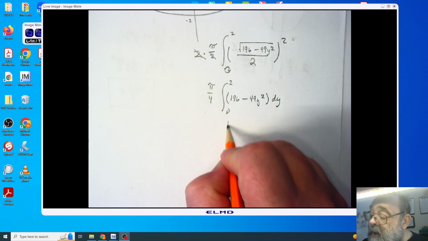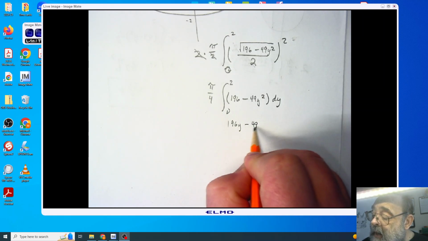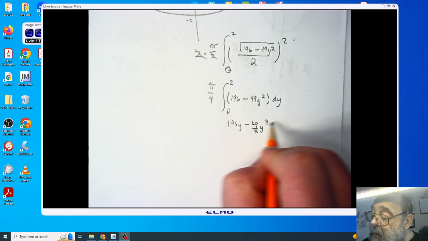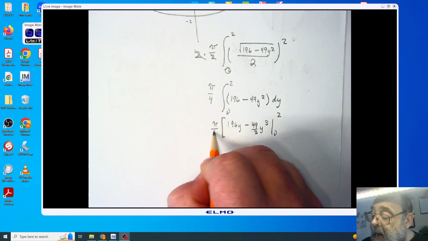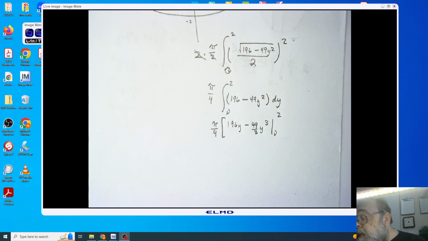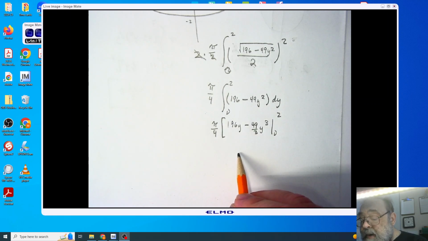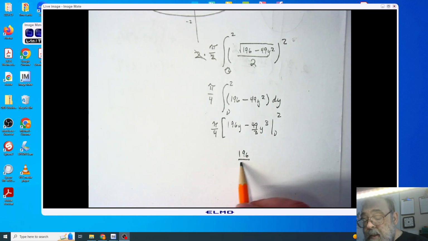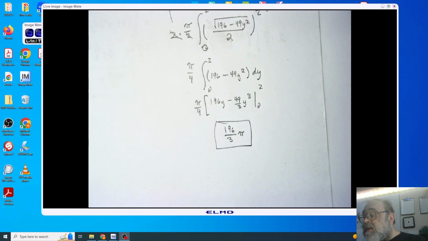That's going to give me 196 y minus 49 thirds y cubed from 0 to 2, then multiplied by pi over 4. Now when I plug this in and multiply and divide, I end up getting 196 thirds multiplied by the pi, and I get 196 thirds pi. And that's my answer to number 4.